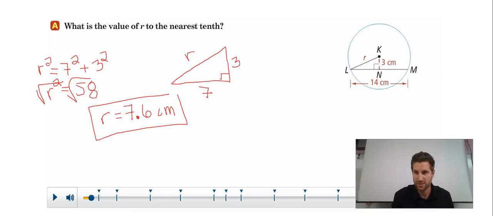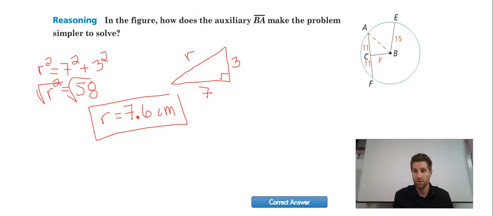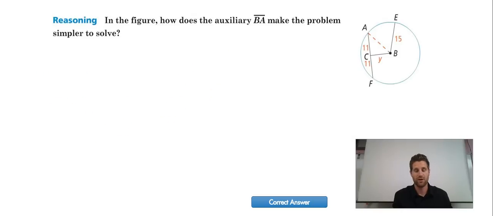And again, units are centimeters. Okay. Next, problemo. Last problem. Clear this off. All right, in the figure, how does the auxiliary line BA make the problem simpler to solve? Well, we are trying to find y, and if we have the auxiliary line AB in here, what we have created is a masterpiece.